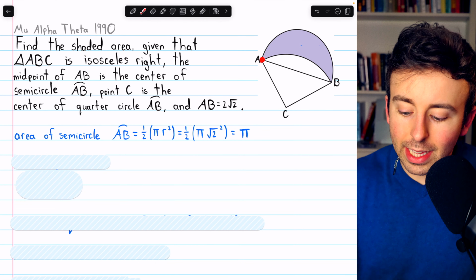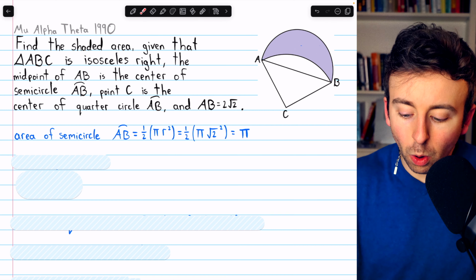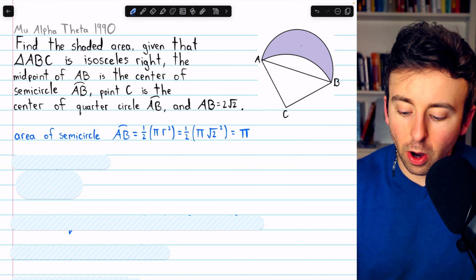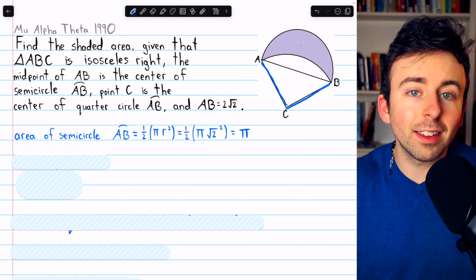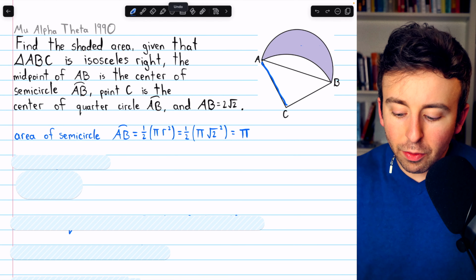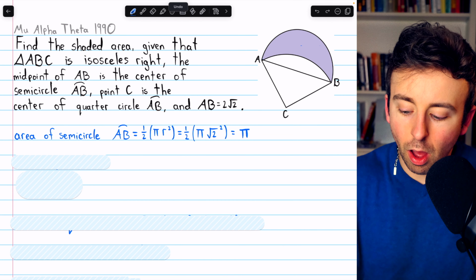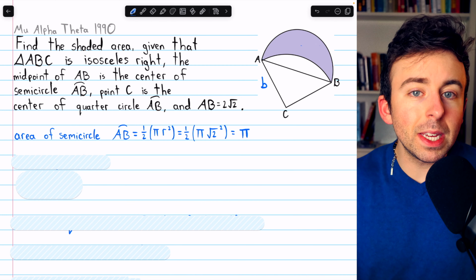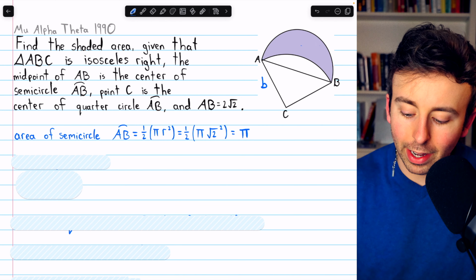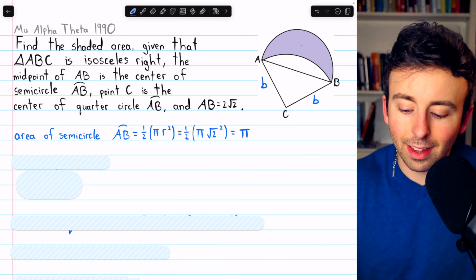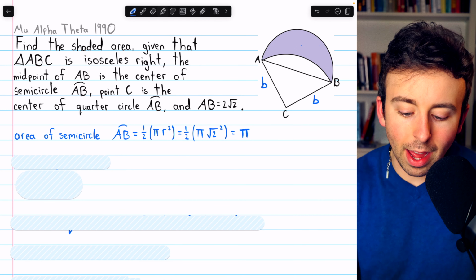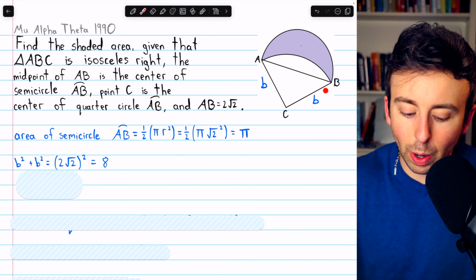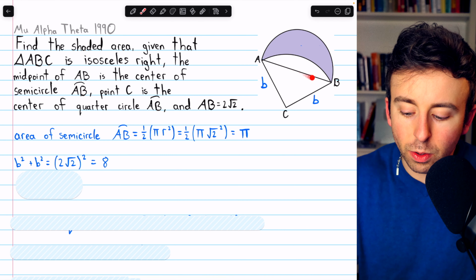Now, in order to calculate the area of this quarter circle, or the area of the isosceles right triangle, we will first need to know the length of the legs of the isosceles right triangle. If we call this side length opposite angle B little b, then because this is an isosceles right triangle, this leg also has a length of little b. Thus, applying the Pythagorean theorem, we have that b squared plus b squared equals the hypotenuse squared.